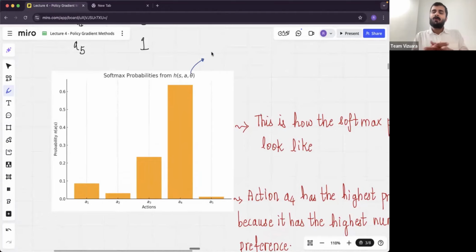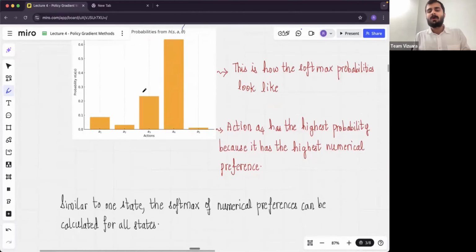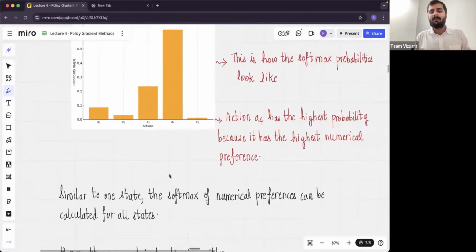So this is what we want to achieve in today's lecture. Given an agent, given an environment, given a set of states and actions, we want to calculate a policy which looks something like this, which directly allows us to estimate the probability of all possible actions for a given state. So this kind of representation is called softmax of numerical preferences.